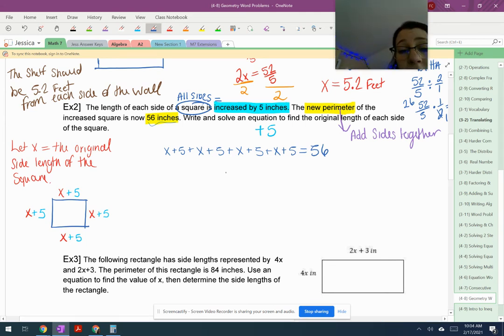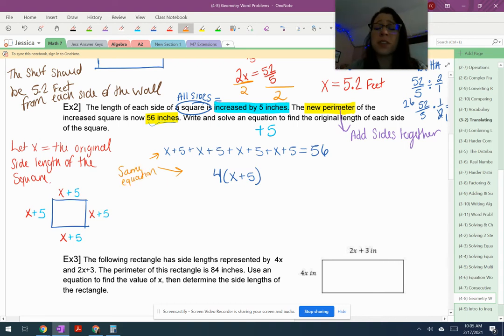You are taking that x plus 5 and adding it how many times? And we use what operation to represent repeated addition? That would be multiplication. So either of these equations are the same. Same equation, just written differently.